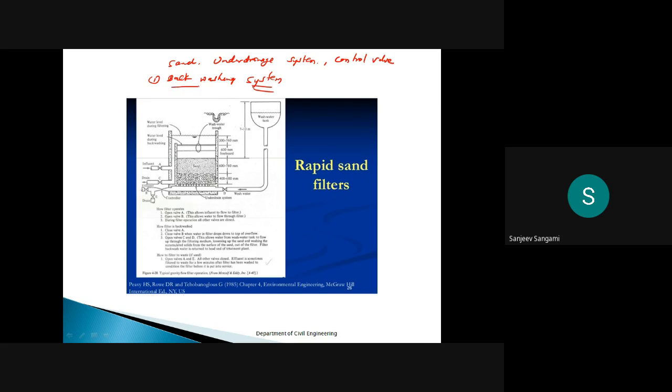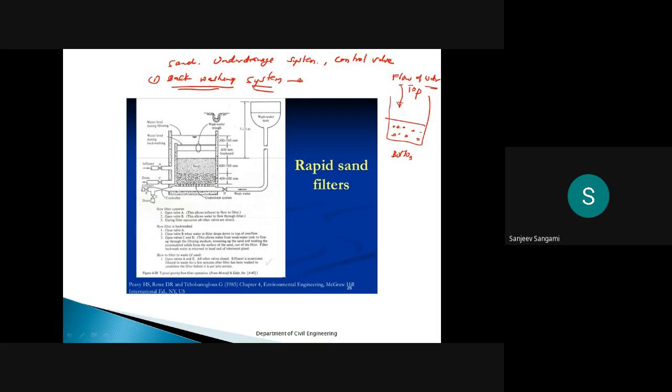So why is this backwashing system required, when it is not there in the slow sand filtration process? Remember, see, it is like this. Assume that this is a sand bed. The filtration will always be from top to bottom, in this direction, which is the flow of water.